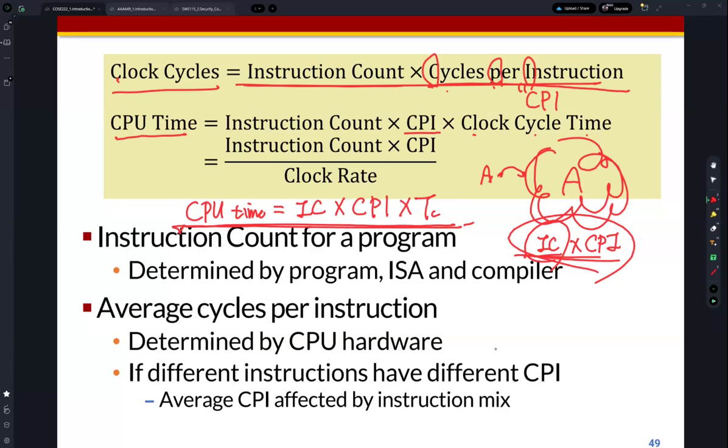By analyzing this equation, we can figure out how to increase the performance. In order to increase the performance, we need to reduce the response time, obviously. So how can we reduce the response time? We can reduce the instruction count, or reduce the CPI, or reduce the clock period.